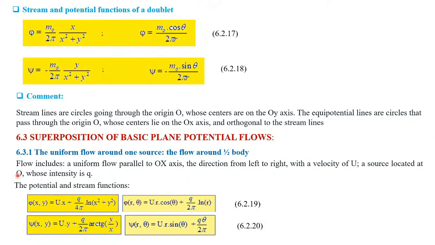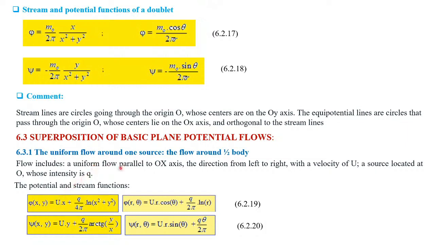Now we use superposition for the two kinds of flow. So we get the potential and the stream function like this, and you see phi here.